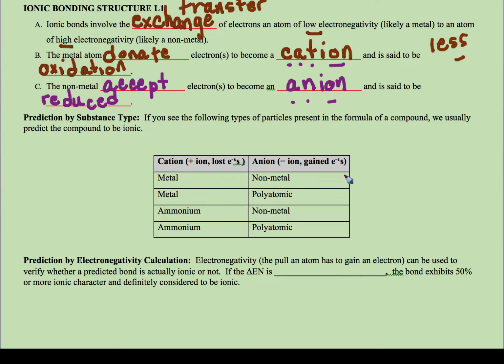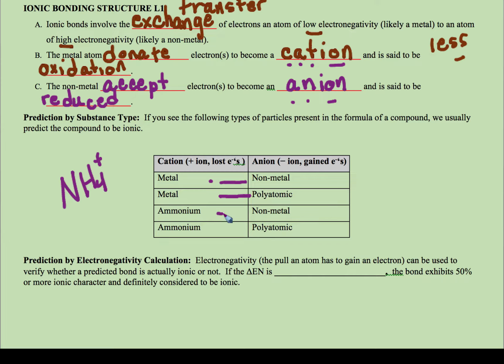Now, typically, questions are going to ask you to predict bonding based on a classification of the element. So cations would be metal ions with a non-metal anion, a metal cation with a polyatomic anion, or ammonium, hopefully you know your polyatomic ions, or I tell my kids they're in big trouble.